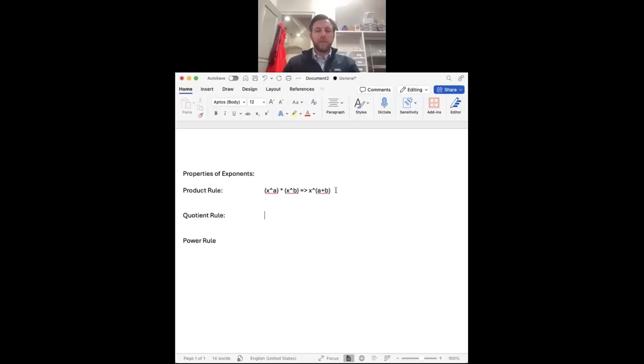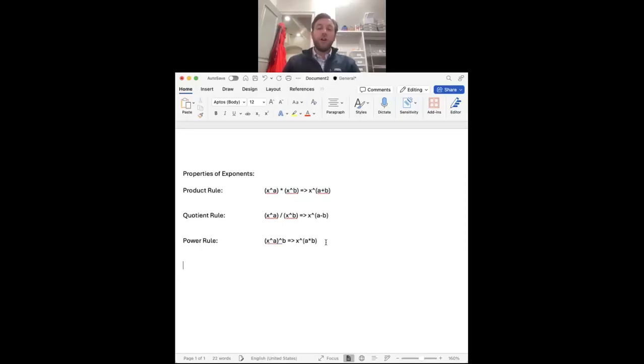This one said, if you divide the same base, you combine them by subtracting the exponents. And the power rule says, if you have a power of a power, then you multiply the exponents.